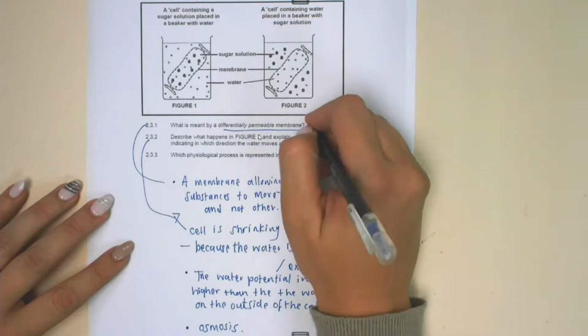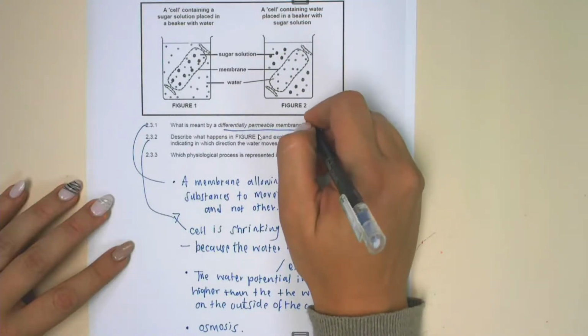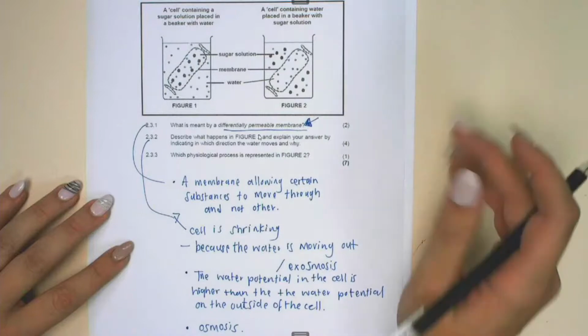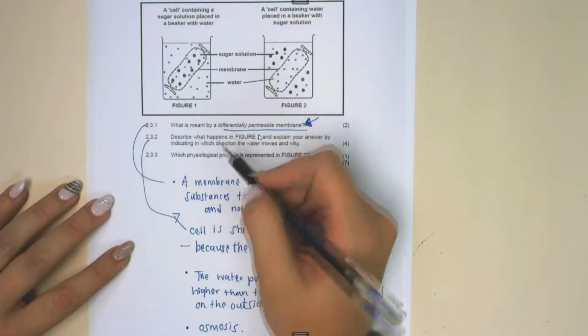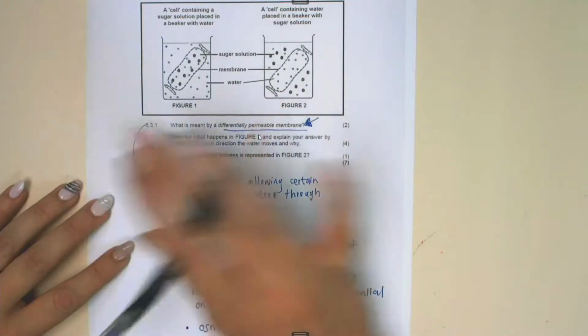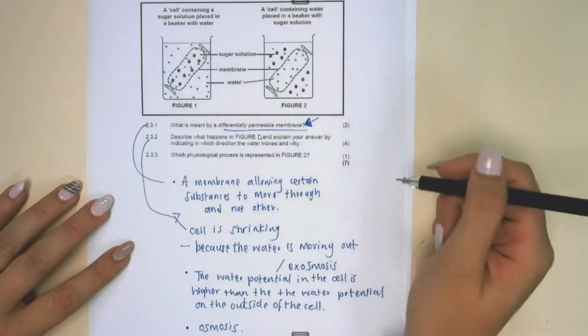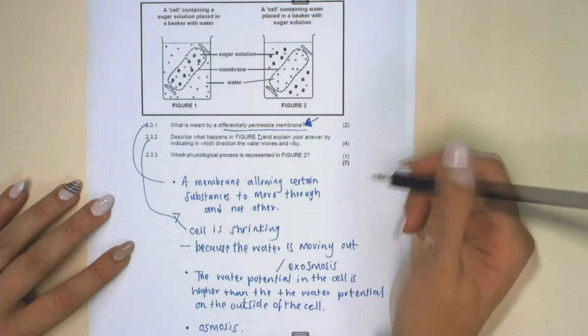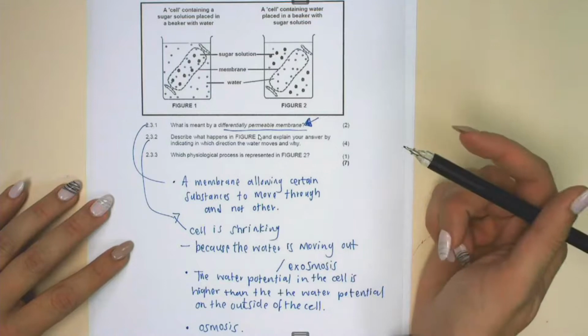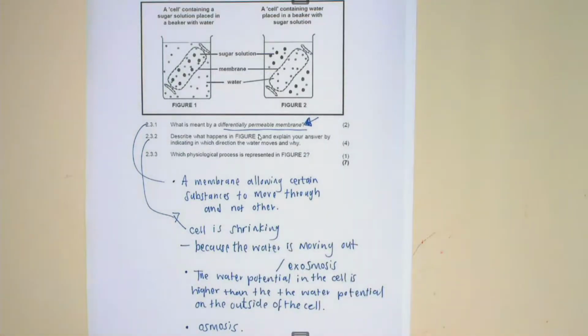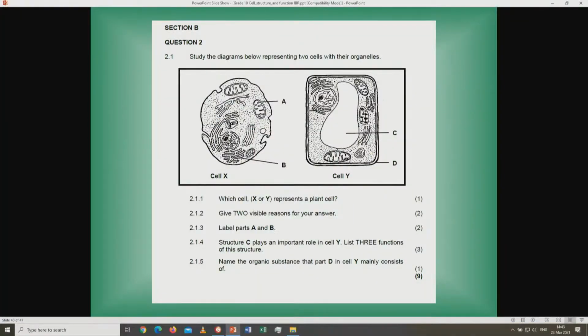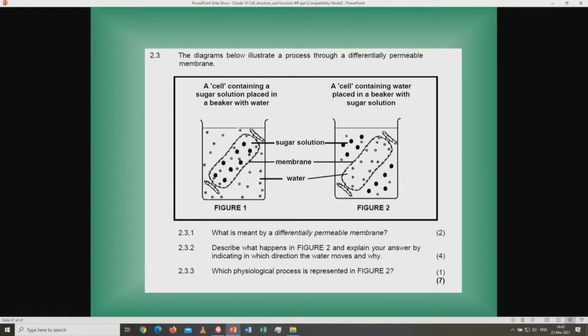Also make sure that you understand what it means for something to be permeable. Differentially also means, remember, it decides. It's not just permeable for everything, it decides what can be allowed in, what is needed, what is important. So please make sure that you understand that. That was our first question, question 2.